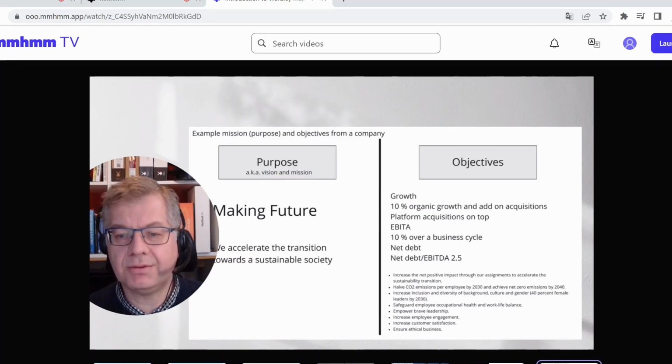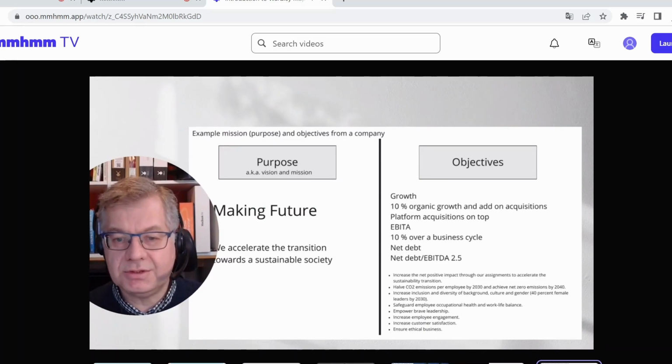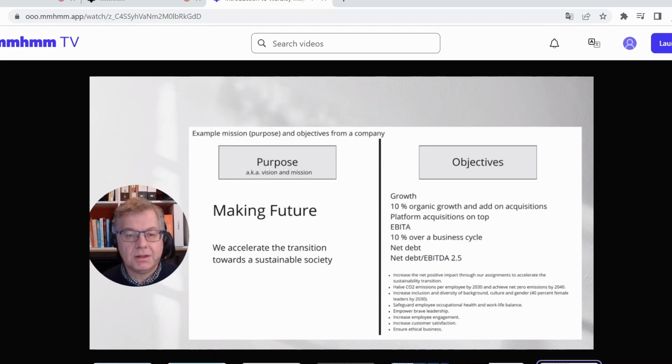For companies, it is important, of course, to generate revenues, for all companies, right? So that they can pay wages and generate a return on investment to their shareholders. So one can set objectives for these outcomes that you can see on the right side for growth and profitability and sustainability, for example. But it's important to remember that objectives and purpose are not the same thing.